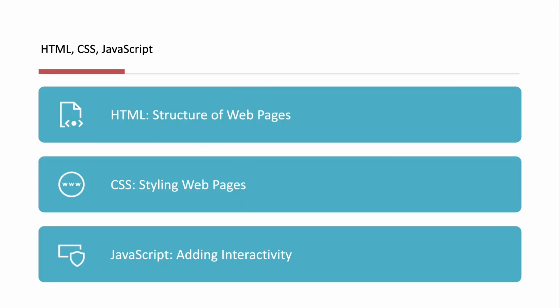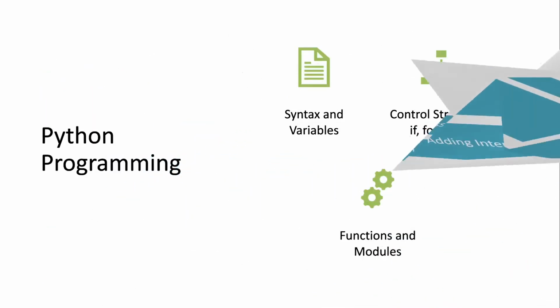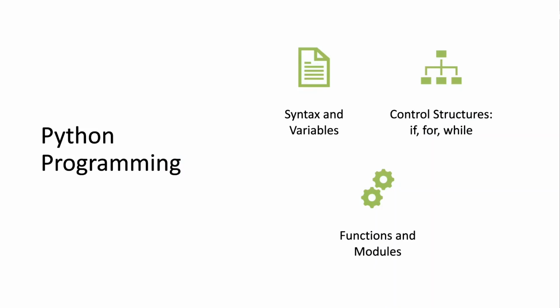Web development will majorly dwell on HTML, CSS, JavaScript. HTML to structure our web pages, CSS to style our web pages, and lastly JavaScript to add interactivity. Then we'll also have a look at the Python programming language.